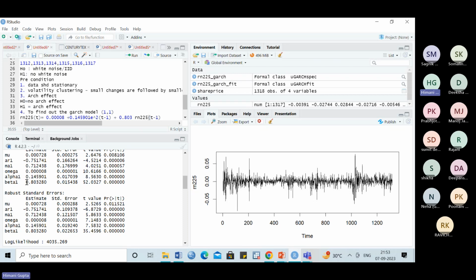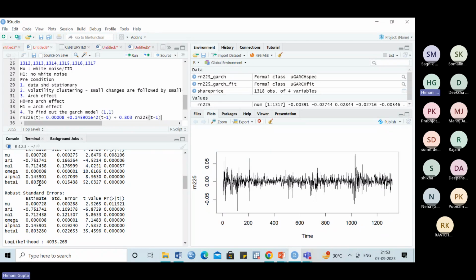Whatever change we find out by alpha, alpha is saying some change is there, 0.145, something is getting some changes there. But how long the change lasts will be told by your beta. The more the value of beta, the longer the persistence.